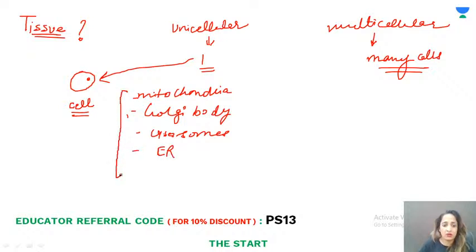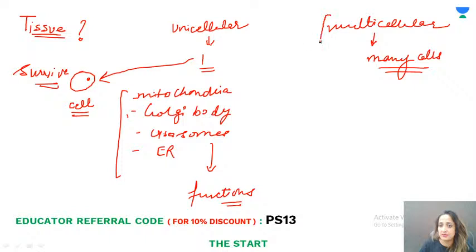All these organelles perform different functions, right? And that is why this one cell is able to survive, right? But how about multicellular organisms? In multicellular organisms, you have to remember this term, division of labor.